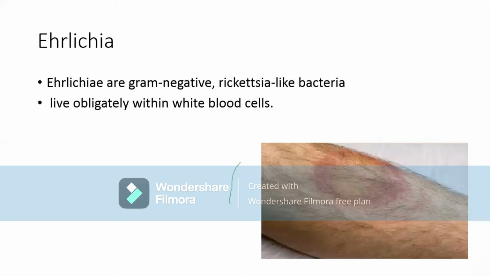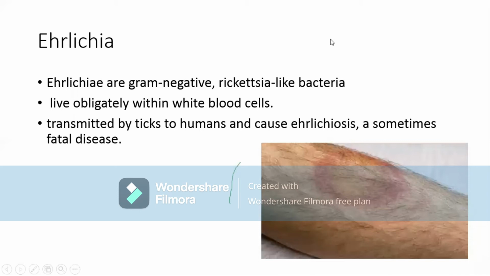This is one of the unique features of this particular group: white blood cells usually defend your immune system. So if any organism is capable of living obligately within your white blood cells, you can imagine the capability of that organism. It is also transmitted by ticks to humans, and it causes ehrlichiosis, which is sometimes a fatal disease.